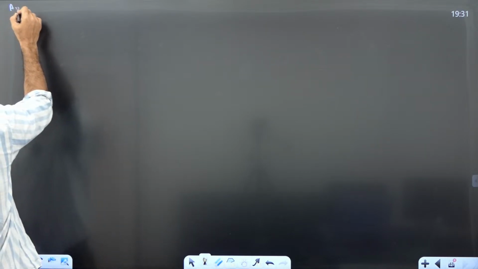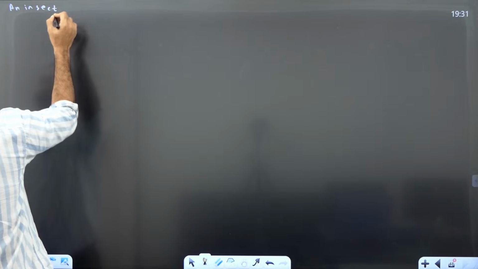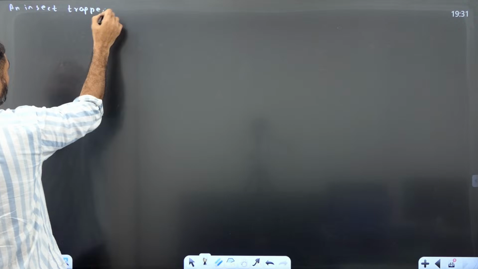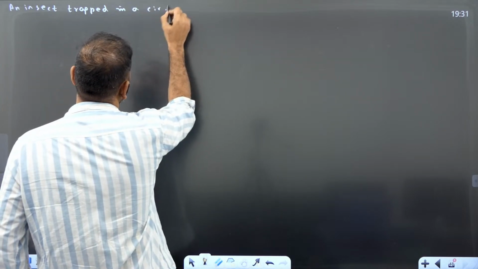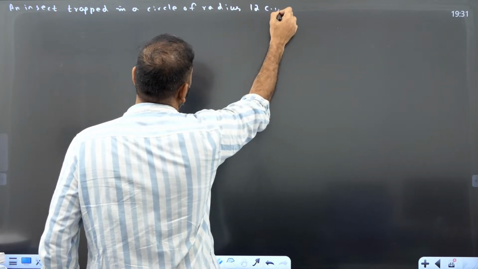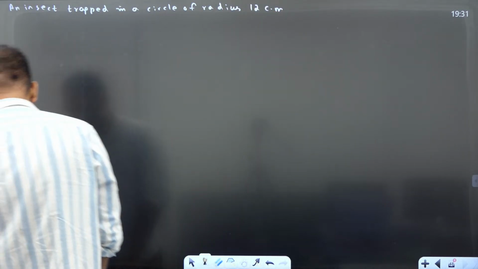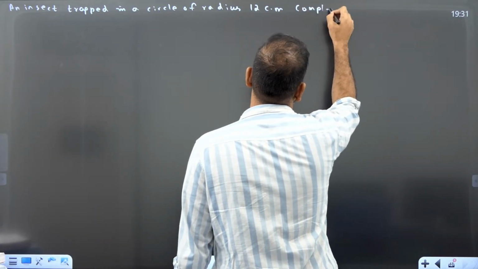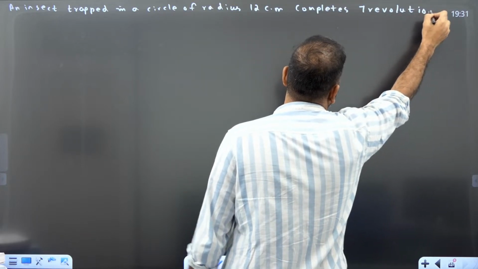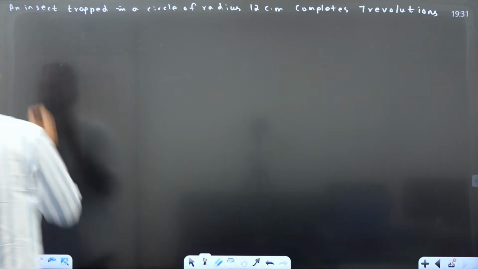An insect trapped in a circle of radius 12 centimeter completes 7 revolutions in 100 seconds.